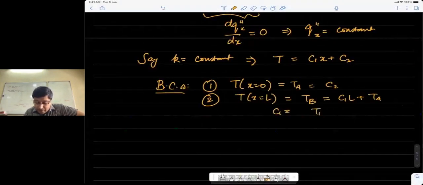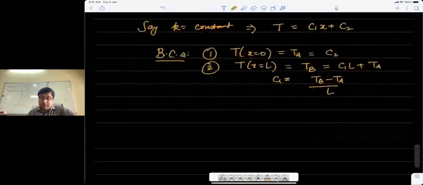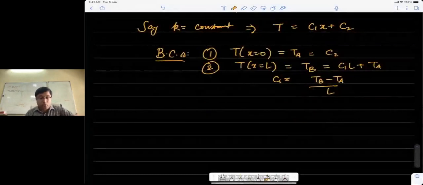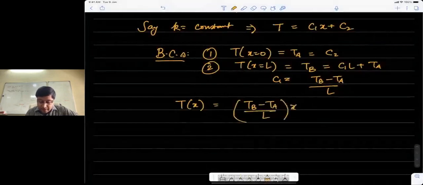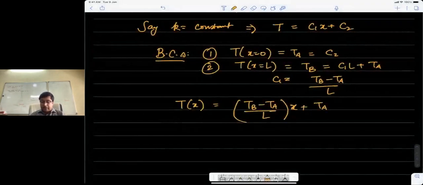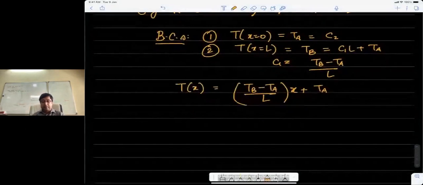So C1 is (TB minus TA) by L, even though TA and TB are not known yet, and we'll determine them very soon. So clearly the temperature variation T of x is (TB minus TA) by L times x plus TA. That is the linear temperature variation that we should expect in this slab.